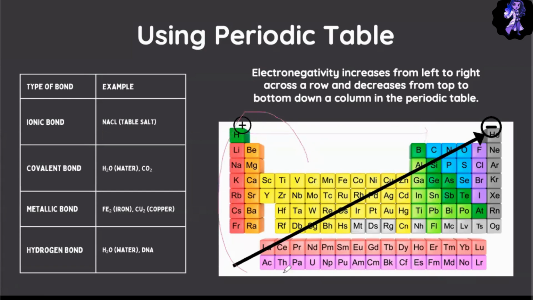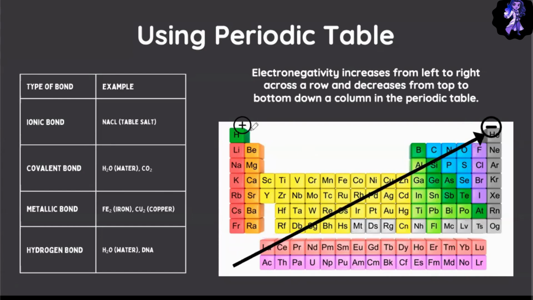So the left side of the periodic table is more than likely positive, and the right side of the table is going to be more negative. I have a little plus sign here and a minus sign there to help you better understand the idea of electronegativity as going diagonally to get more negative. It becomes more negative. So this is important to note.